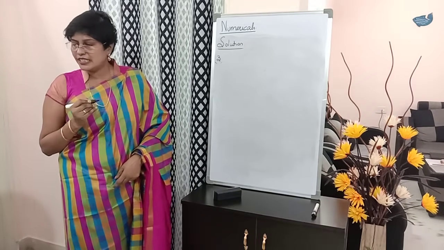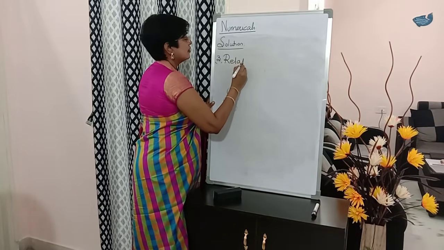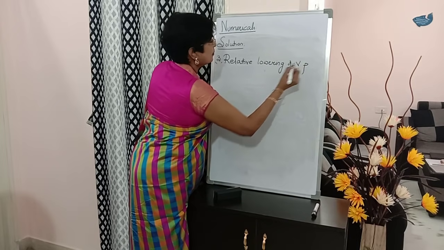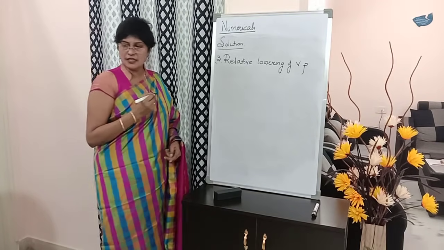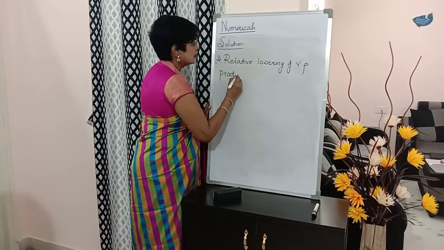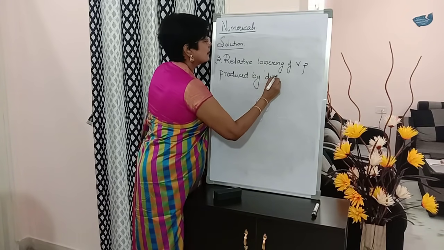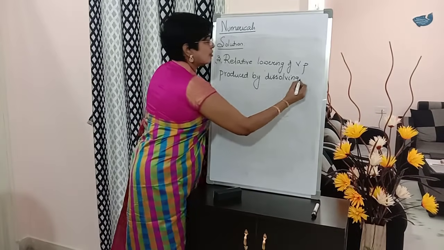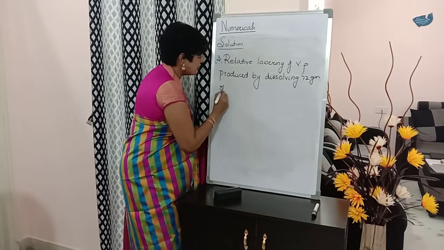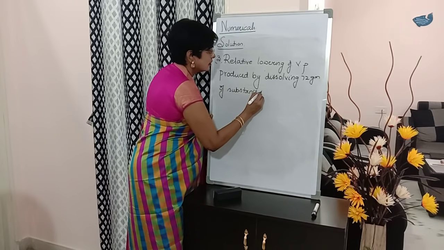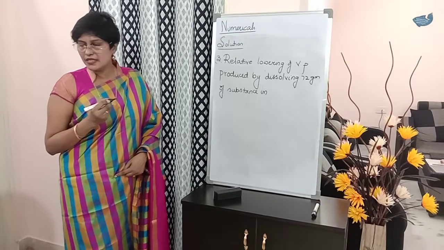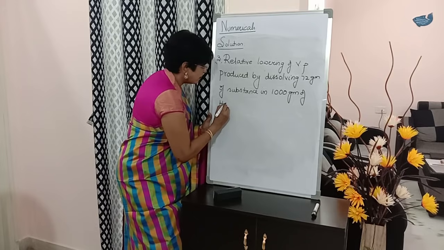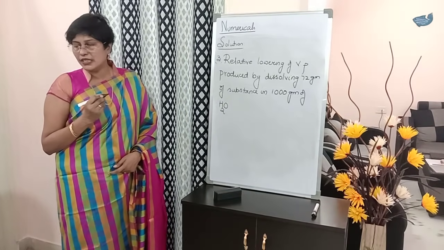Number 3. Write down. Relative lowering of vapor pressure produced by dissolving 72 grams of a substance in 1000 grams of water.